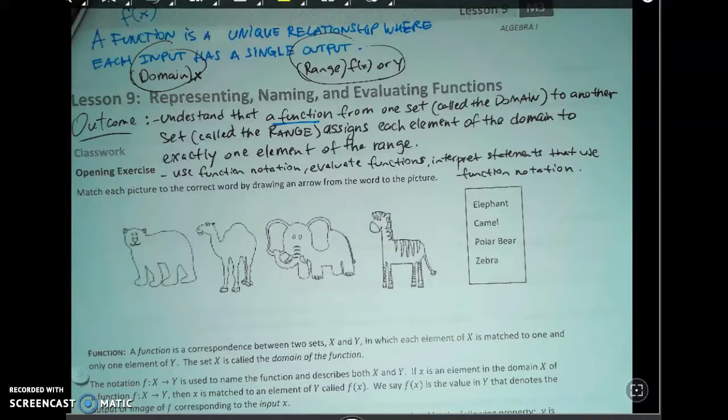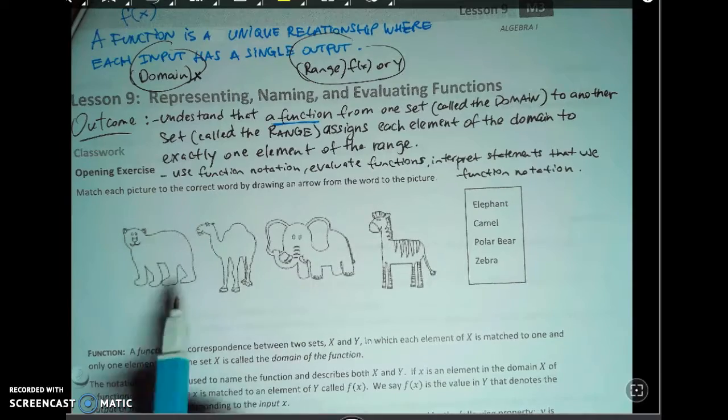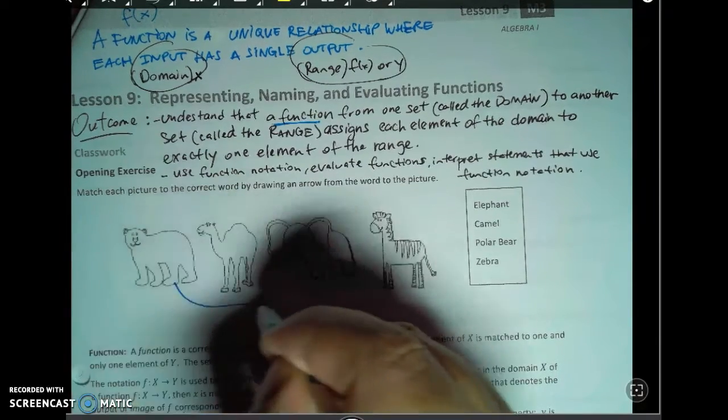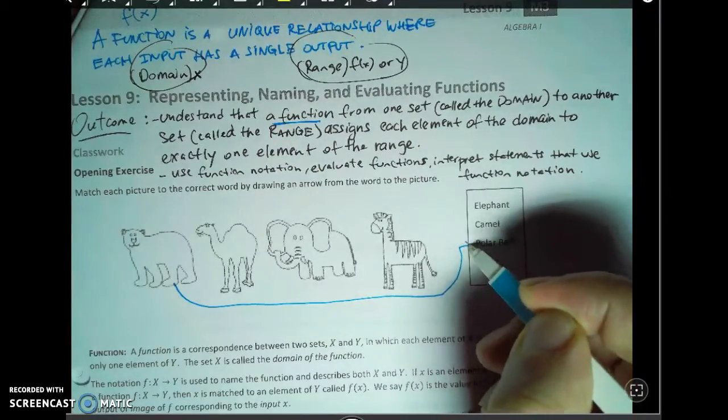Okay, so let's look at our opening exercise. It says match each picture to the correct word by drawing an arrow from one word to the picture. Okay, this may seem very pre-K-ish, but we have this picture, and that is the polar bear.